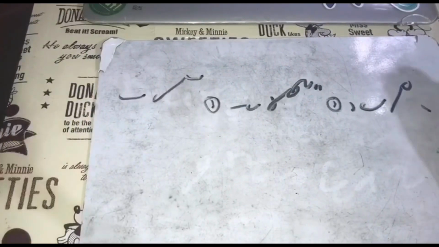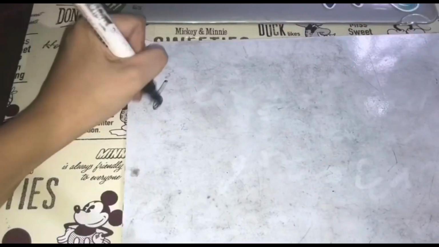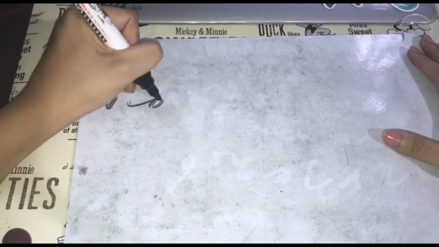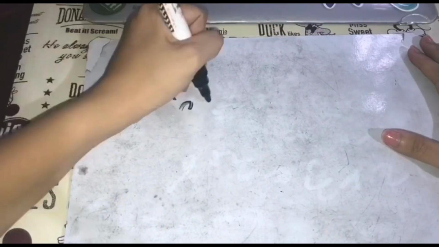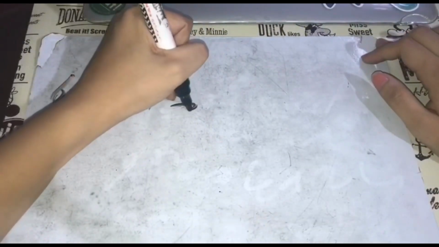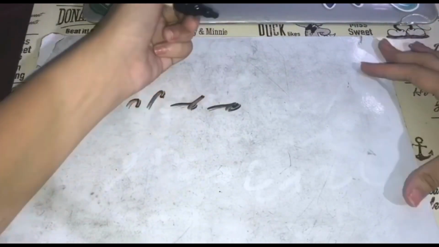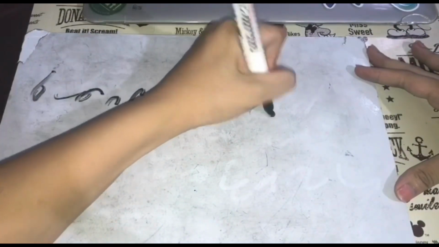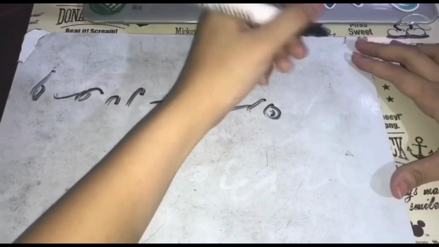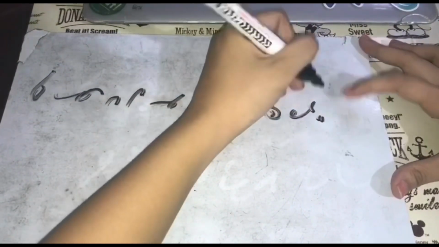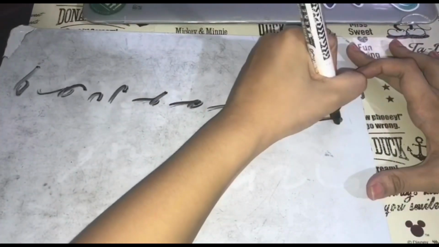So let's have an example again. I would like you to meet my mother, comma, Elise Smith.